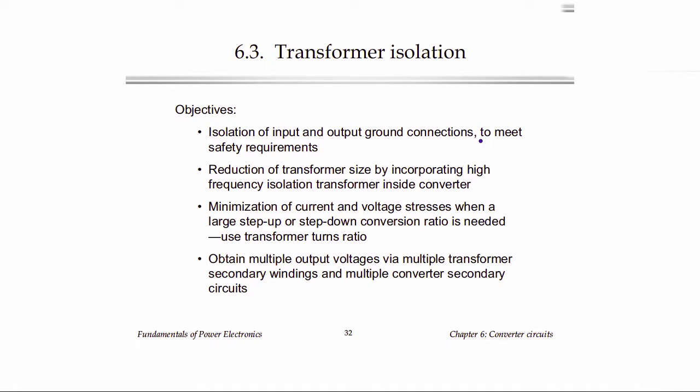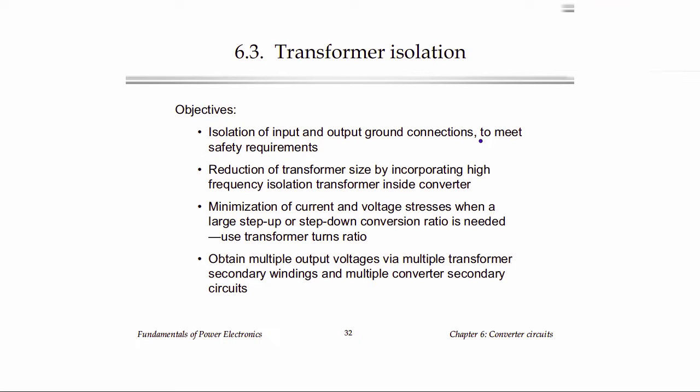There are a number of reasons to incorporate a transformer into a converter. One of the major ones is when safety requirements require that we have transformer isolation from the power line. One way to do this is to put a 60-cycle transformer at the input of our system, but 60-cycle or 50-cycle transformers elsewhere in the world are very heavy and large, and nowadays we generally try to avoid them whenever we can.